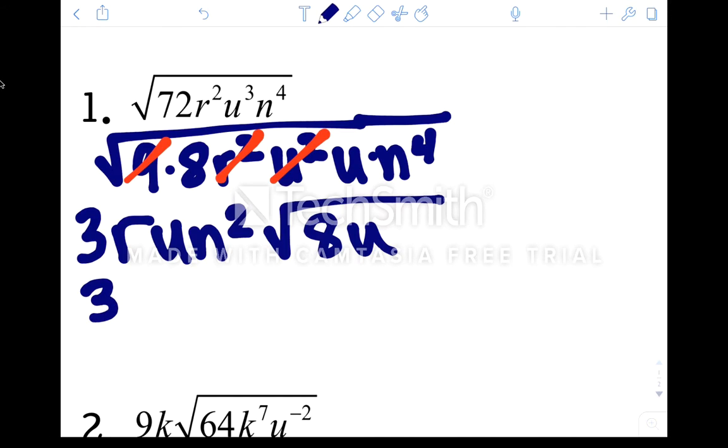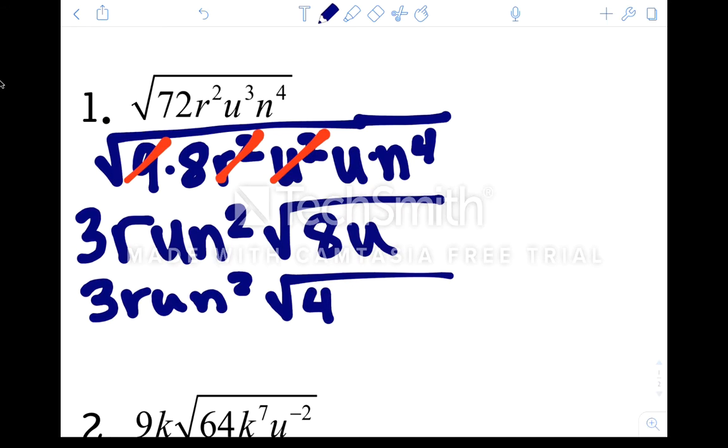So let's go ahead and rewrite this 3 r n squared. And then inside the radical, 4 goes into 8, so I'm going to write 4 times 2u. And now I can go ahead and take out that square root of 4, which would be 2.